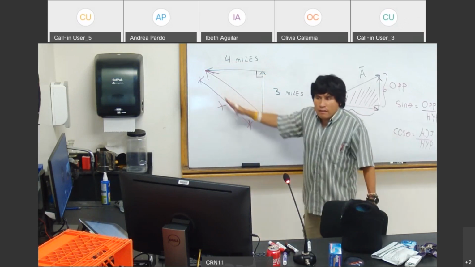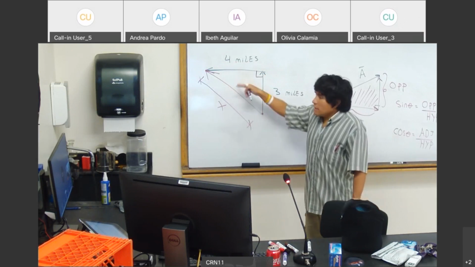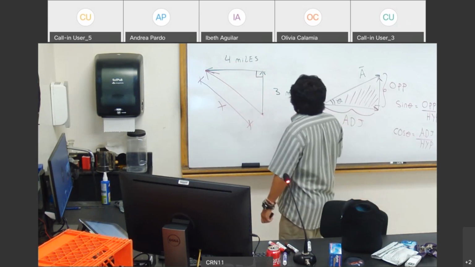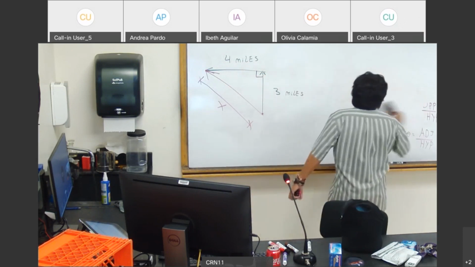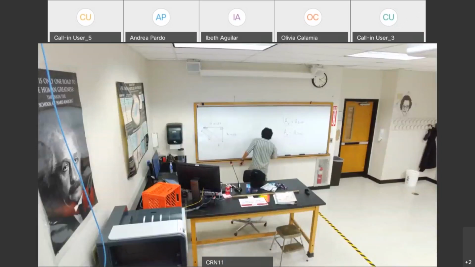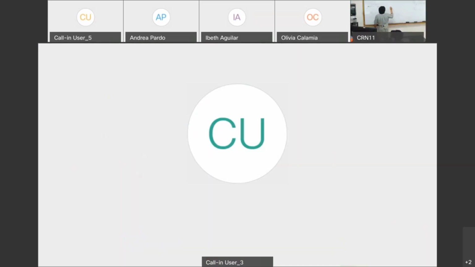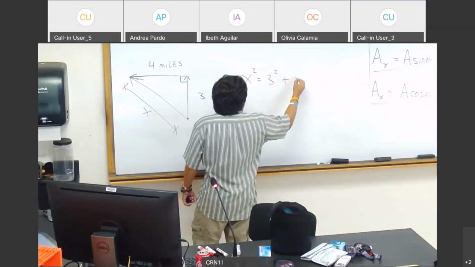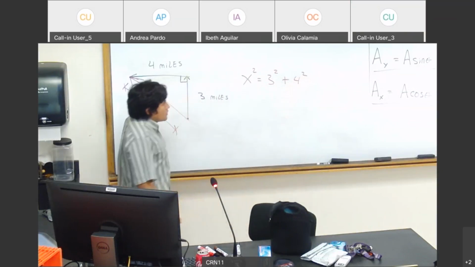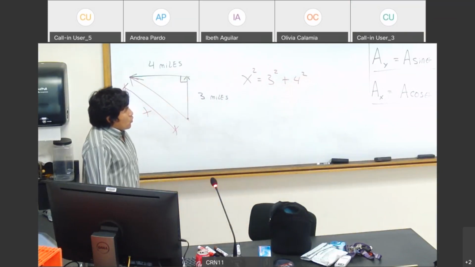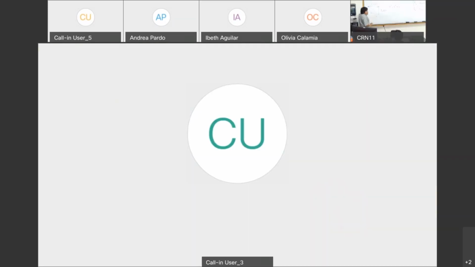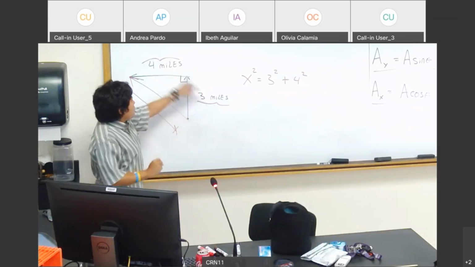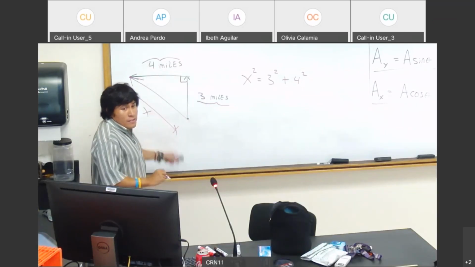So how do I find the x value in a right triangle? You will do the following. X squared equals 3 squared plus 4 squared. The difference to what we just did is that 3 and 4 are the components already, so you just have to find the resultant.